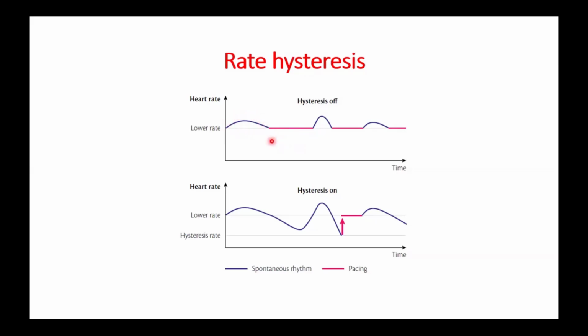When we go to the lower rate interval, we become paced when hysteresis is off. However, once hysteresis is on, it allows searching for a spontaneous rhythm down to the hysteresis rate. Once that rate is reached, pacing at the lower rate interval starts again, and searching starts again once spontaneous rhythm is detected.